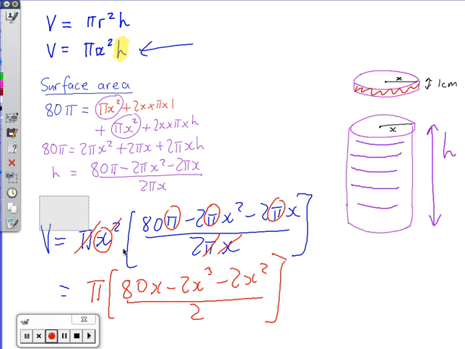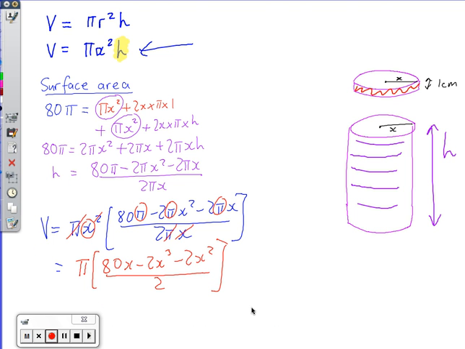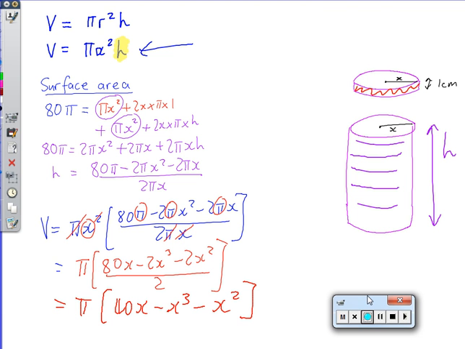And then our final step is to divide throughout by that 2 and show what the question asks for, which is pi times 40x, halving that one, minus x cubed, halving that term, minus x squared, halving that final term. Part B of this is then going to actually be using differentiation. This was simply a case of quite difficult mensuration from GCSE and Core 1, and it follows a similar pattern for most of these differentiation problems.